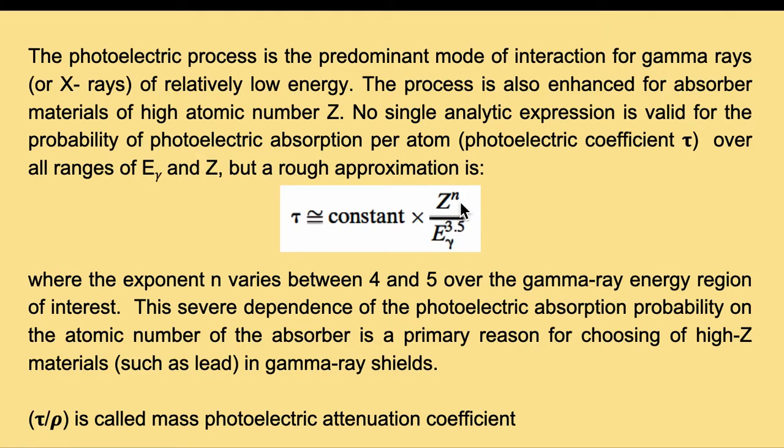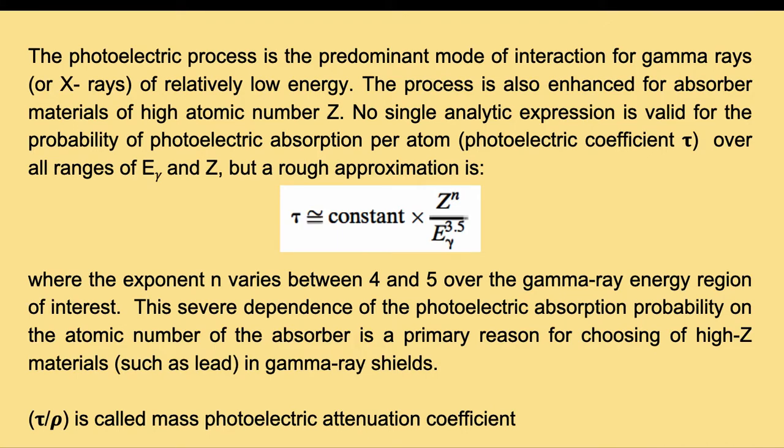In some books you see this as Z^3 by E^3, where the exponent n varies between 4 and 5 over the gamma ray energy region of interest, the normal region that we are taking. This severe dependence of the photoelectric absorption probability on the atomic number, with n nearly 4 or 5, is a huge quantity.